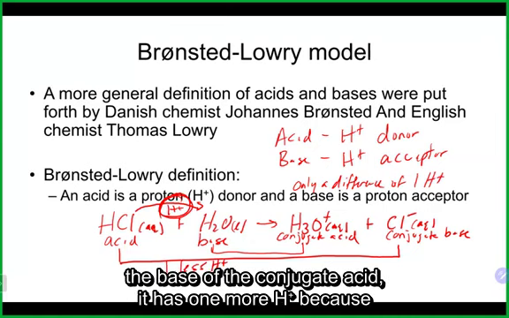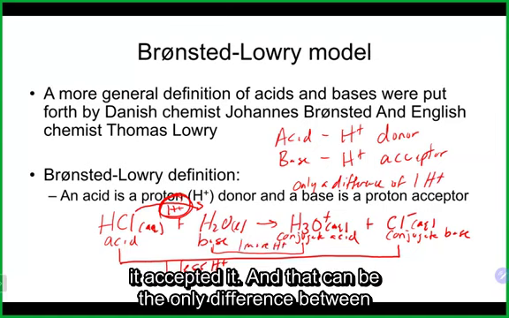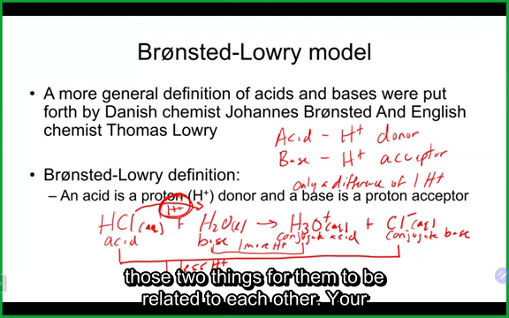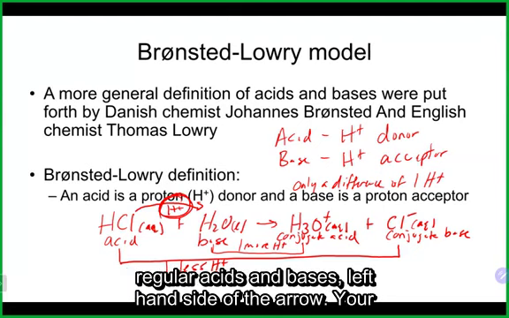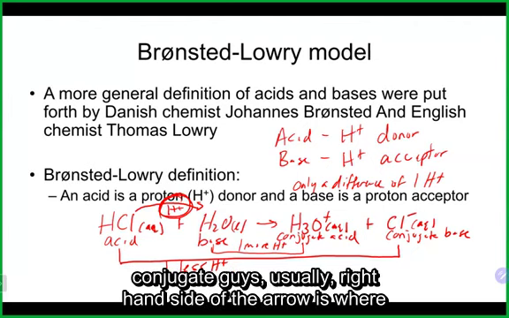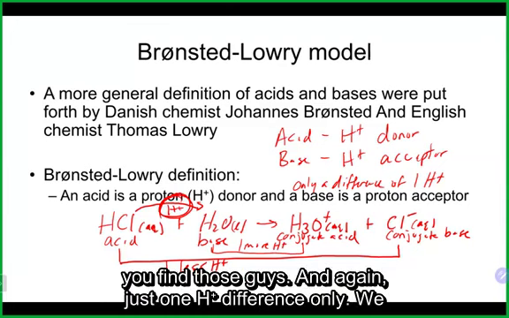When we go from the base to the conjugate acid, it has one more H plus because it accepted it. That can be the only difference between those two things for them to be related. Your regular acids and bases are on the left-hand side of the arrow. Your conjugate guys are usually on the right-hand side. And again, just one H plus difference only.